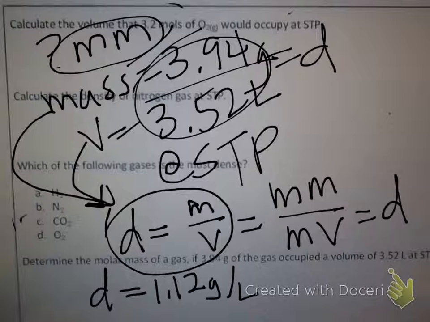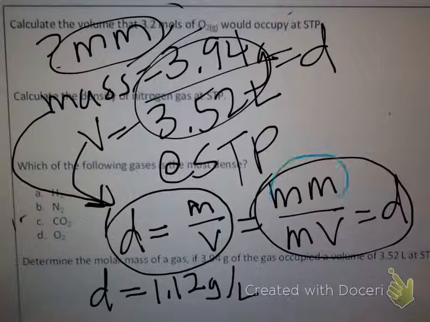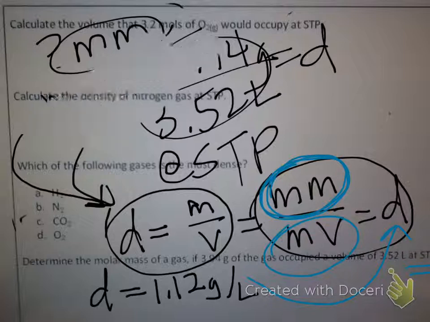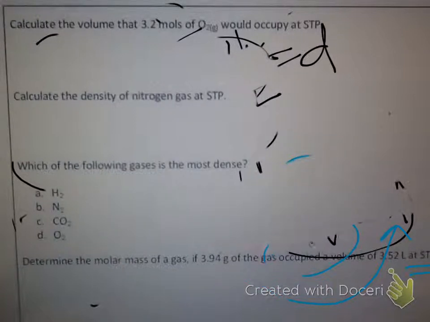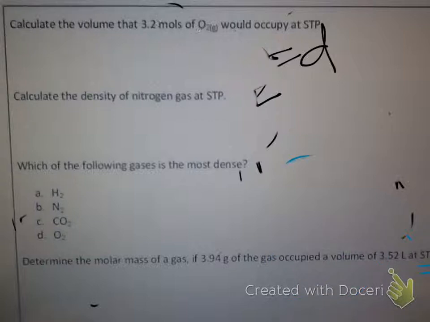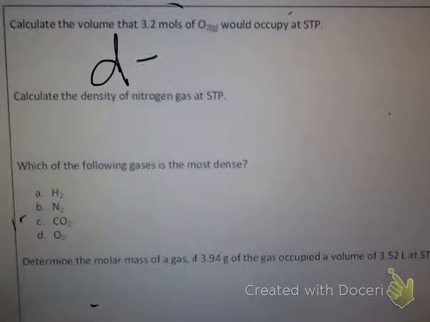Now, I also know that density equals molar mass divided by molar volume. If I don't know what my molar mass is, can I substitute anything else in to calculate that? Well, I just solved for density, and if I assume we're at STP, because we are, then I know my molar volume. So I have that we solve for density with mass and volume, but density equals molar mass divided by molar volume.